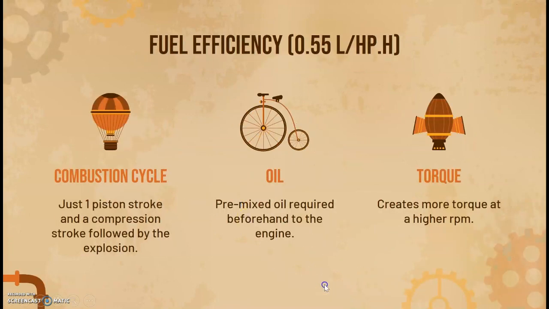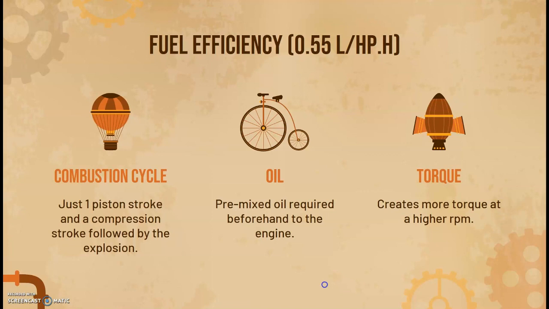Okay, next is the fuel efficiency. The fuel consumption of the two-stroke is 0.55 liters per horsepower per hour. Firstly, in the scope of fuel efficiency, the two-stroke is less efficient over the entire combustion cycle.